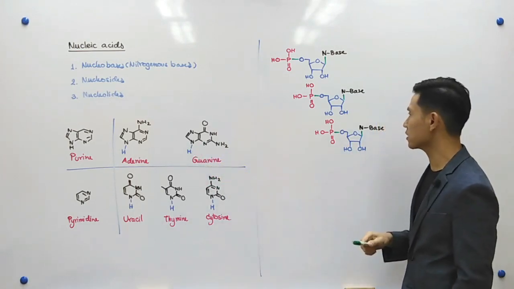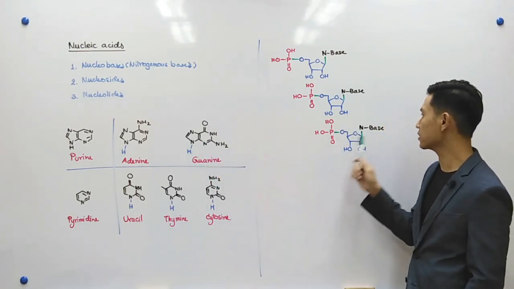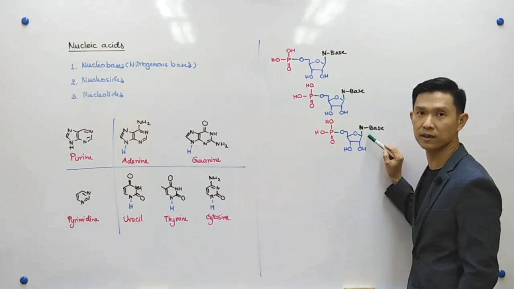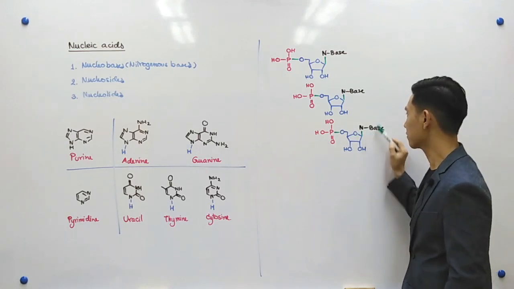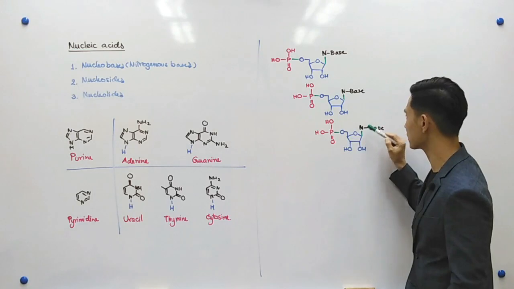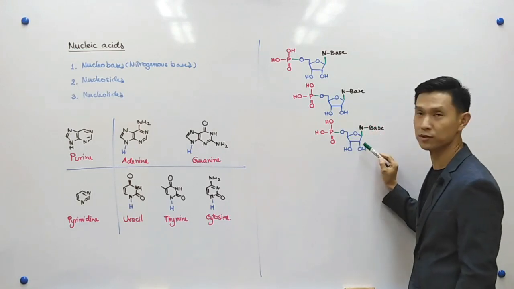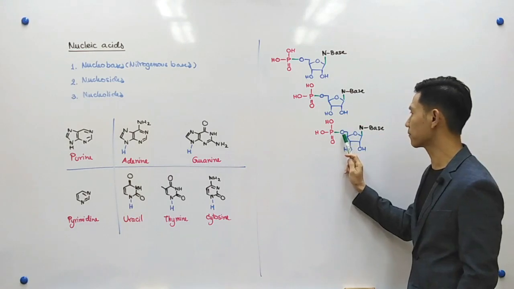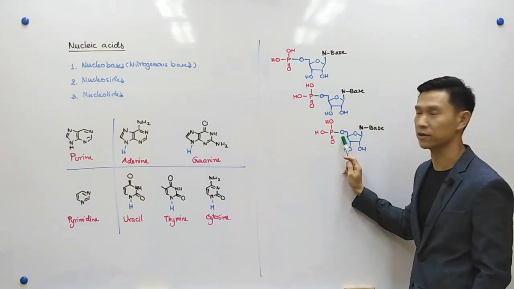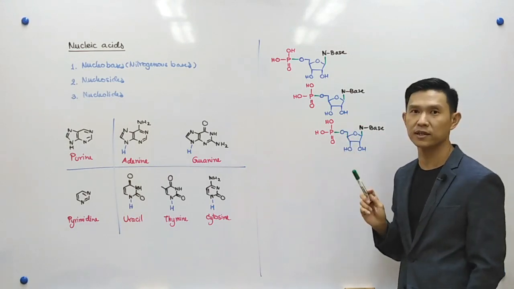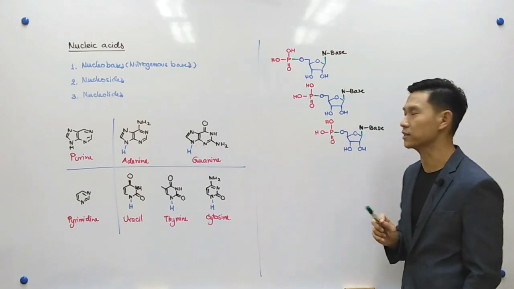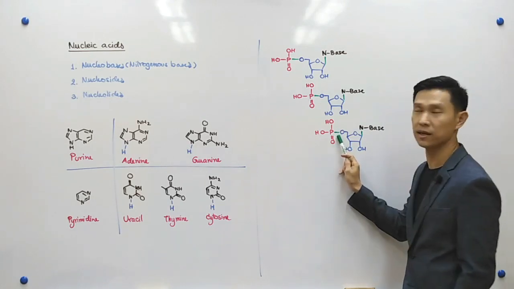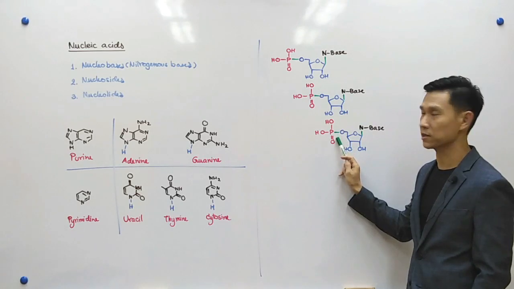After condensation with the nucleobase, you have the glycoside. By glycoside formation, you connect the nucleobase with the ribose sugar, and on the left hand, the OH of the last carbon can condense by esterification with the phosphoric acid, making this green phosphate ester bond.